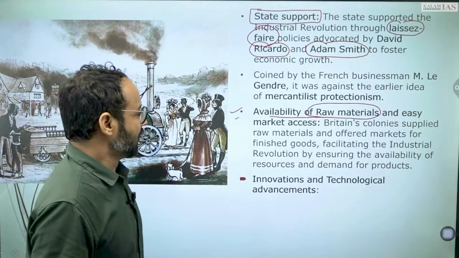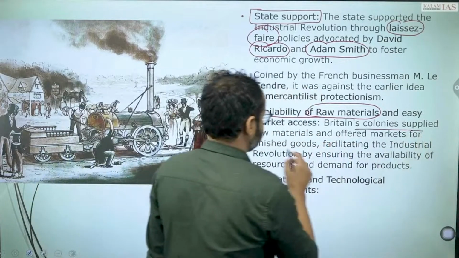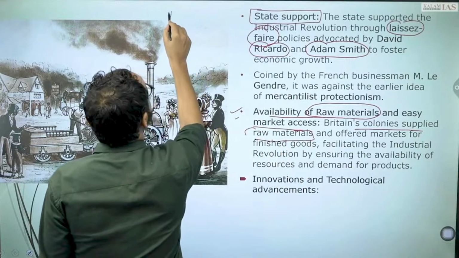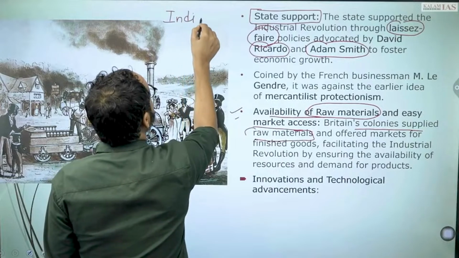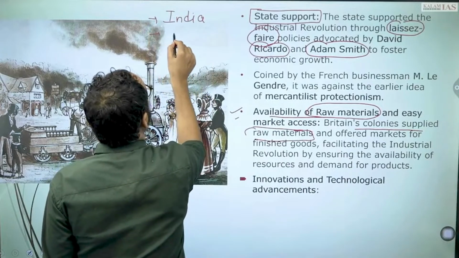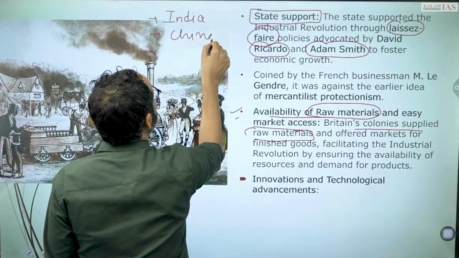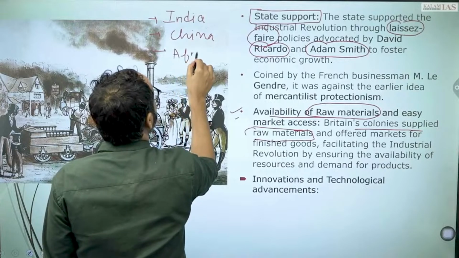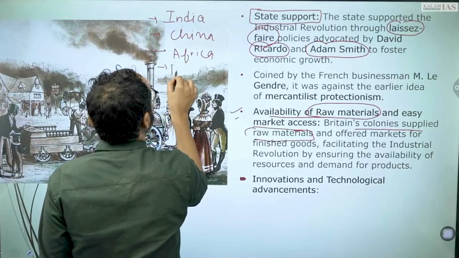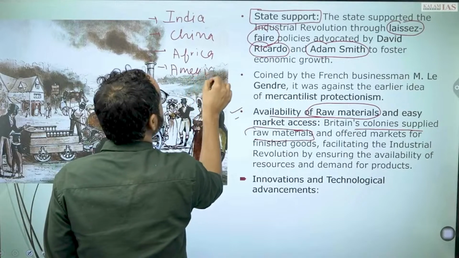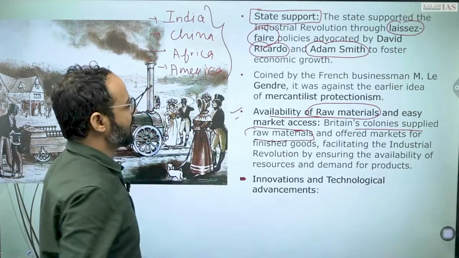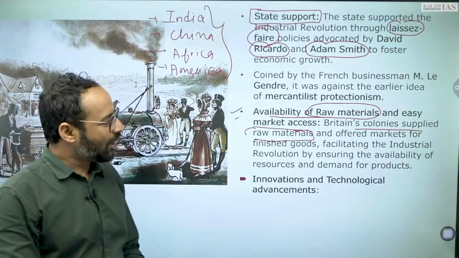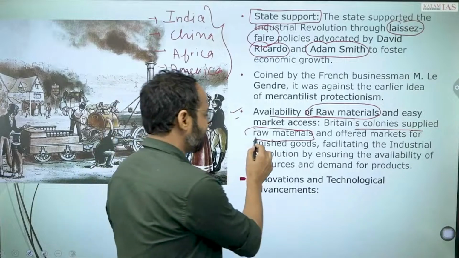Anyway, British colonies, I don't want to name them again. What are the colonies? India, China, Africa, America. All these colonies were supplying raw material to them, and also offered markets for their finished goods.